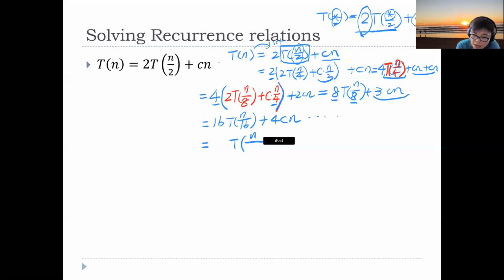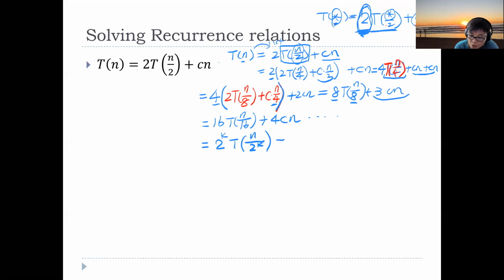So you start with n, and after k times the problem size is n over 2 times 2 times 2, k times, which is n over 2 to the k, because every time you divide by another factor of 2 within T, which is the size of the problem you're looking at. Okay, and outside, what happens? Every time you expand, you multiply this by a factor of 2. That means that outside you have 2 to the k.